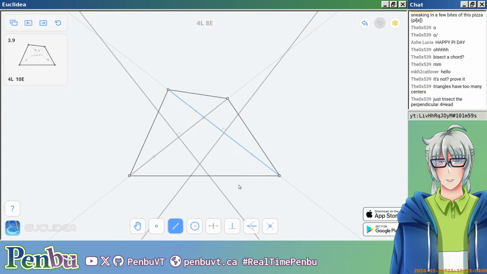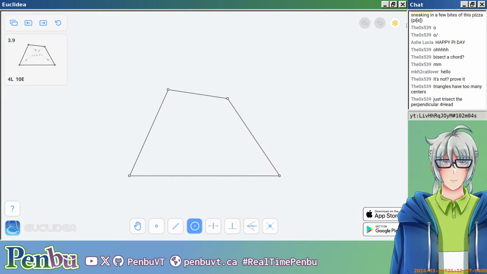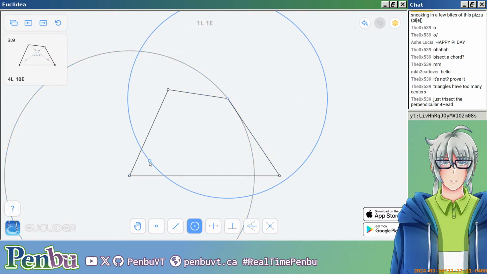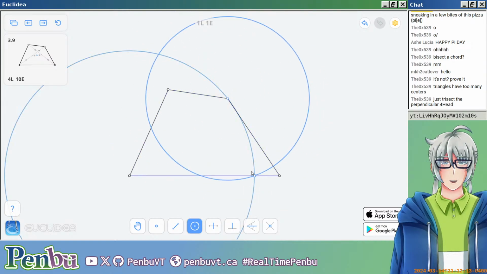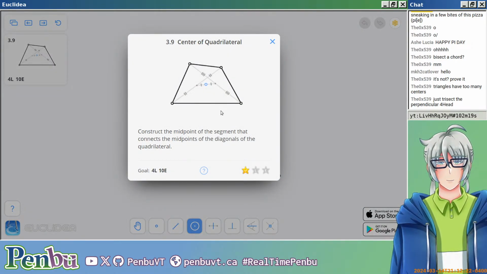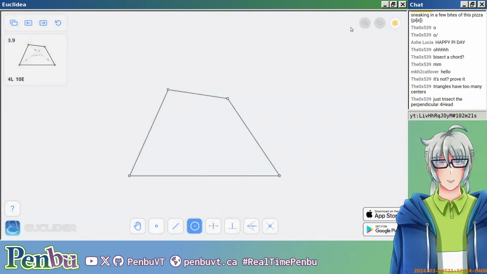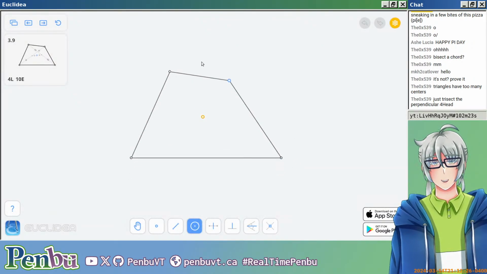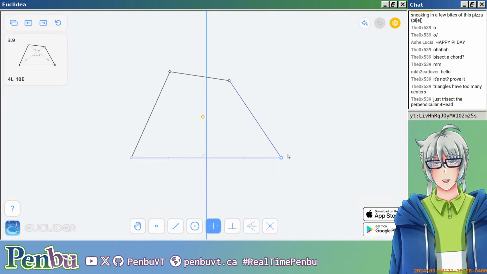But then we're just back where we started. Can we do this with circles? What significance does this even have? Okay, let's play around with this a little bit.